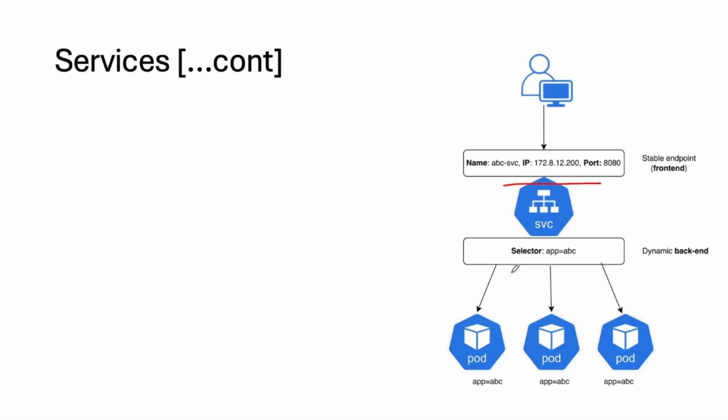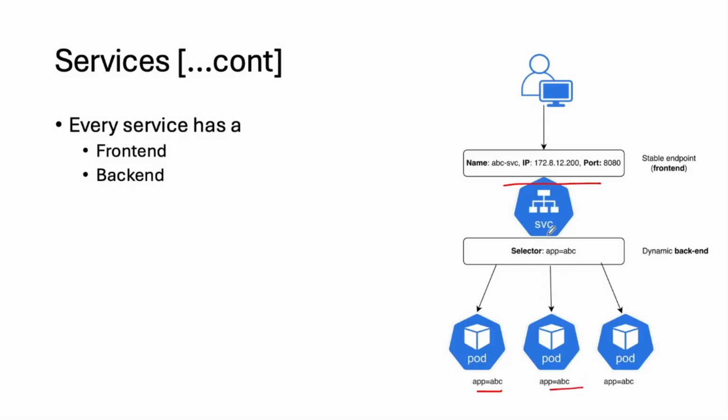And how does the service know which pods to send the request to? It is through the label selector. So here, what you are seeing is that we have these pods with this specific label. In the service configuration, we use the label selector and specified the value of the labels. And now the service knows exactly which pods to send the request to.